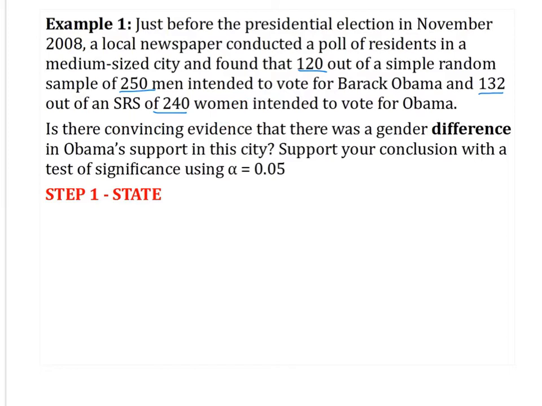Is there convincing evidence? This convincing evidence is a key phrase that says do a significance test. Is there convincing evidence that there was a gender difference in Obama's support in this city? Support your conclusion with a test of significance using alpha equals 0.05. If I think about my population and parameter, the population would be all men and women in this city.